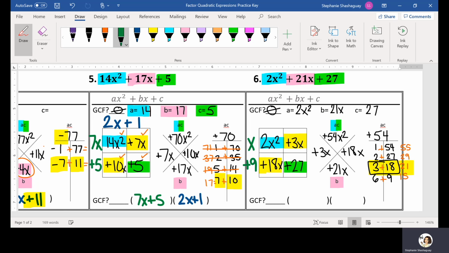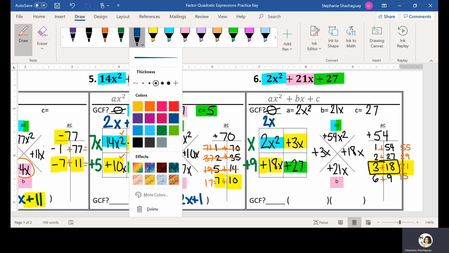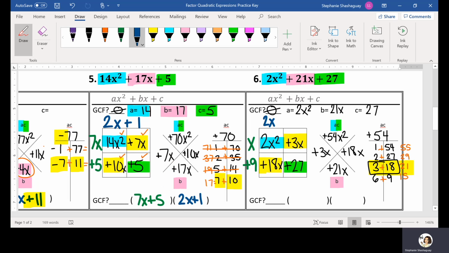So I'm going to factor out a positive 9. 2x squared plus 18x. I can factor out a positive 2x. You don't really need that positive there. It's okay. And then 3x plus 27, I can factor out a 3.